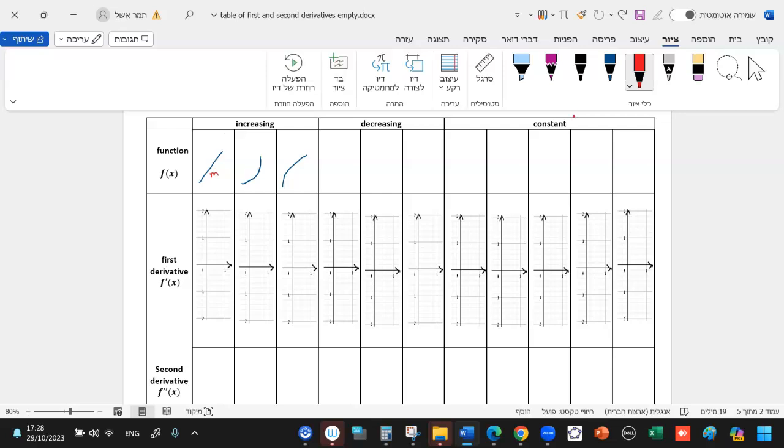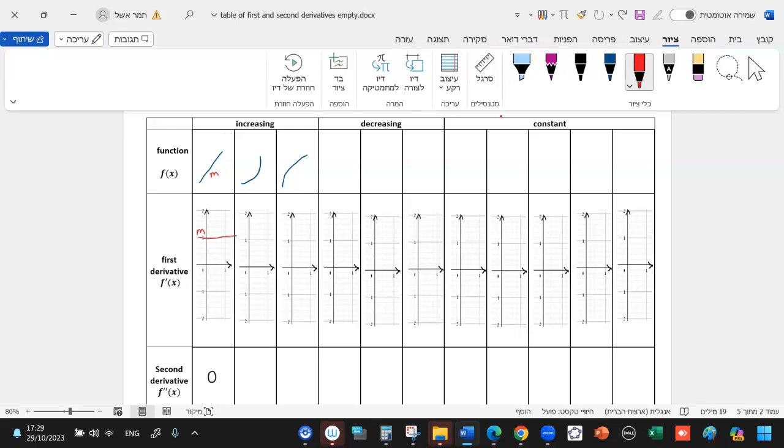And the first derivative will just be a horizontal line to denote some constant m. Second derivative will just be 0. The derivative of constant is 0.